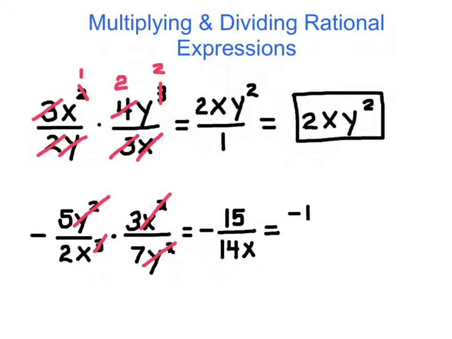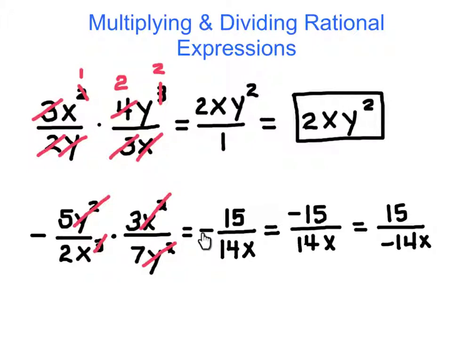I can have the negative sign in the numerator, negative 15 over 14x. Or I can move the negative sign down to the denominator and have 15 over negative 14x. All three of these are valid answers. The negative sign can be out front, it can be in the numerator, or in the denominator. We'll box one of these answers. They're all valid.